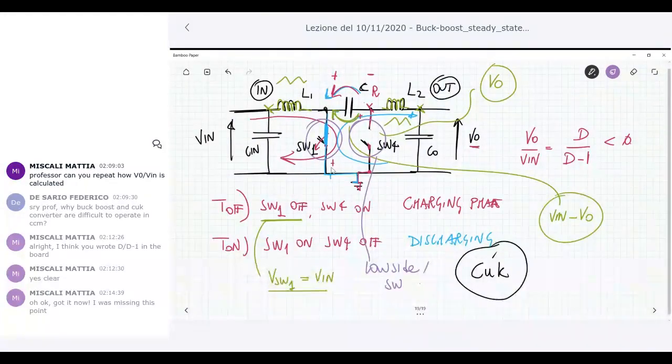In which way can you control, for example, a short at the output? If you put a short circuit at the output and you want to interrupt what's happening, the best thing you can do is to leave both switches open. If you leave both switches open, there is practically no galvanic connection between the input side and the output side, because there is a capacitance here that separates the two.